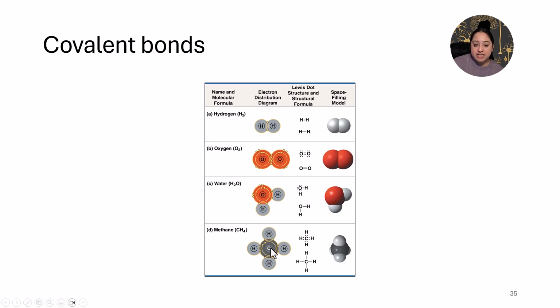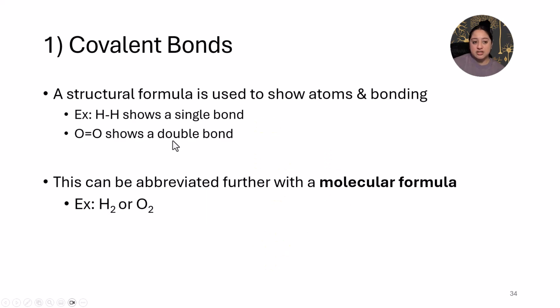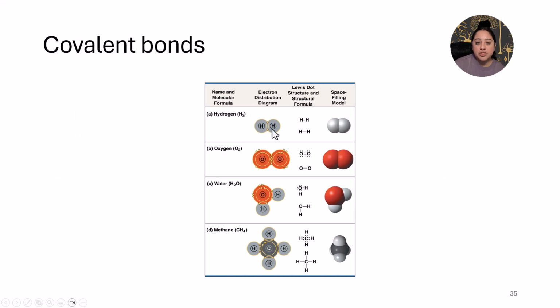And then methane, CH4. There's 1, 2, 3, 4. So boom. We're not always going to have the structural formula because usually it only works with tiny molecules. So we're usually going to say molecular formulas.